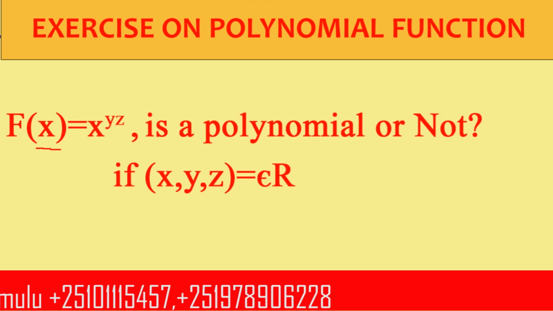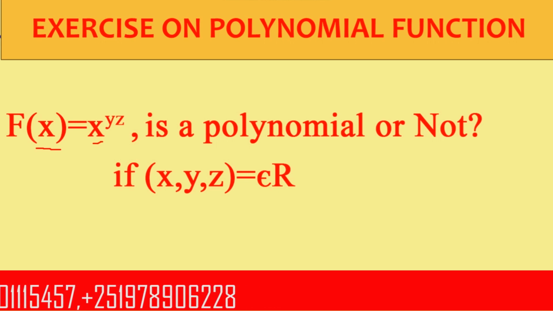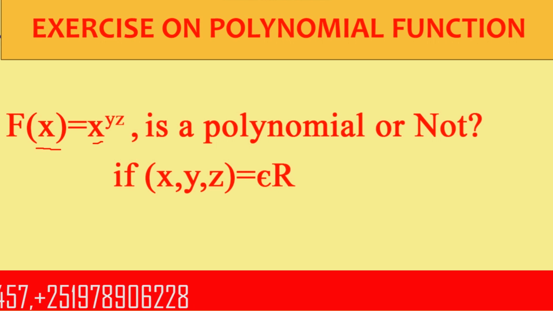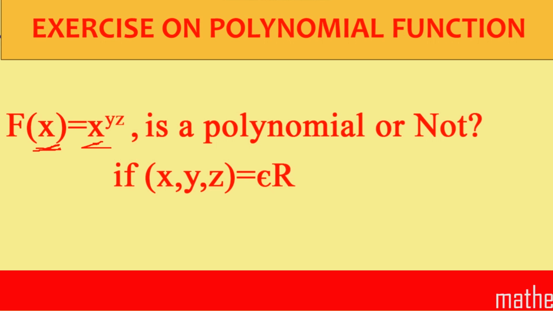In this function the variable is x, because x, y, z are elements of the real numbers. If the variable is x, the rest of the symbols represent elements of the real numbers. They can be 1, 2, 3 or a lot of things. The only variable here is x.